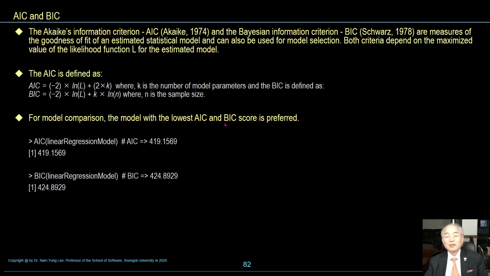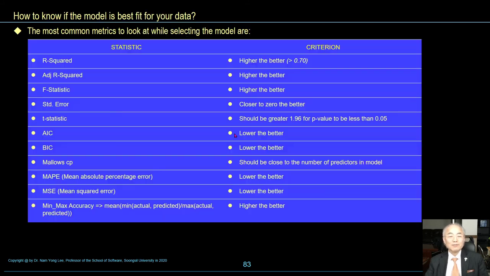AIC, BIC, 라쏘, 리지 이런 기준을 가지고 우리가 모델 피팅을 하는 거예요. 통계 회귀 모델 피팅을 하는 방법이야. 이런 기준이 많은데, AIC, BIC 정도만 알아도 지금은 매우 성공적인 거야.